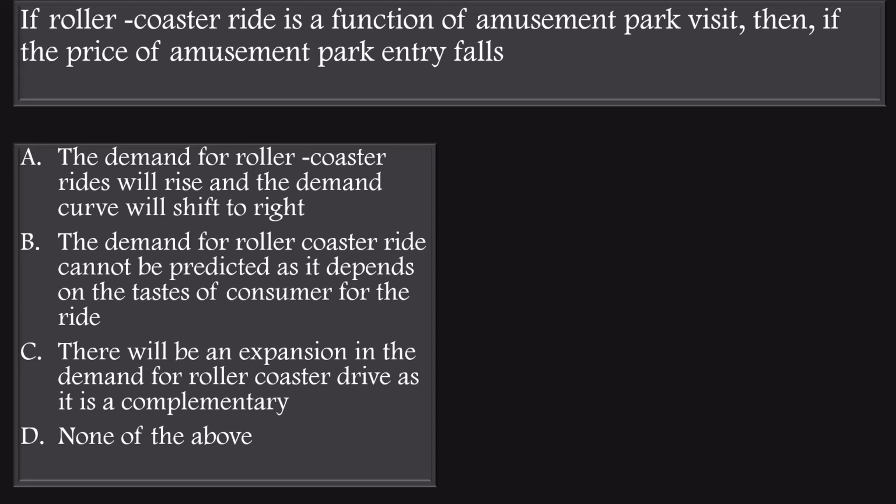B. The demand for roller coaster ride cannot be predicted as it depends on the taste of the consumer for the ride. C. There will be an expansion in the demand for roller coaster ride as it is a complementary. D. None of the above.